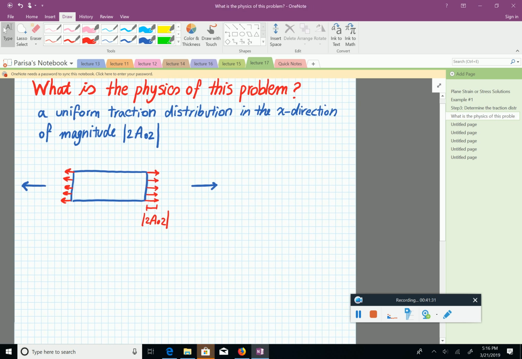It can be in this direction or in the other direction. This direction is arbitrary. And that would be a statically equivalent force to what you have here, which, if I want to write it in a general form, would be the integral of this traction you have here, dy.